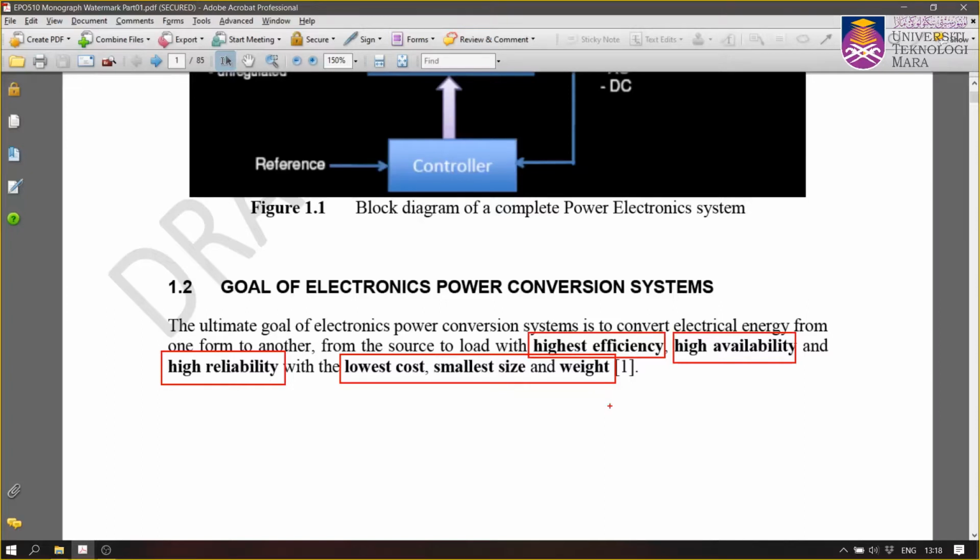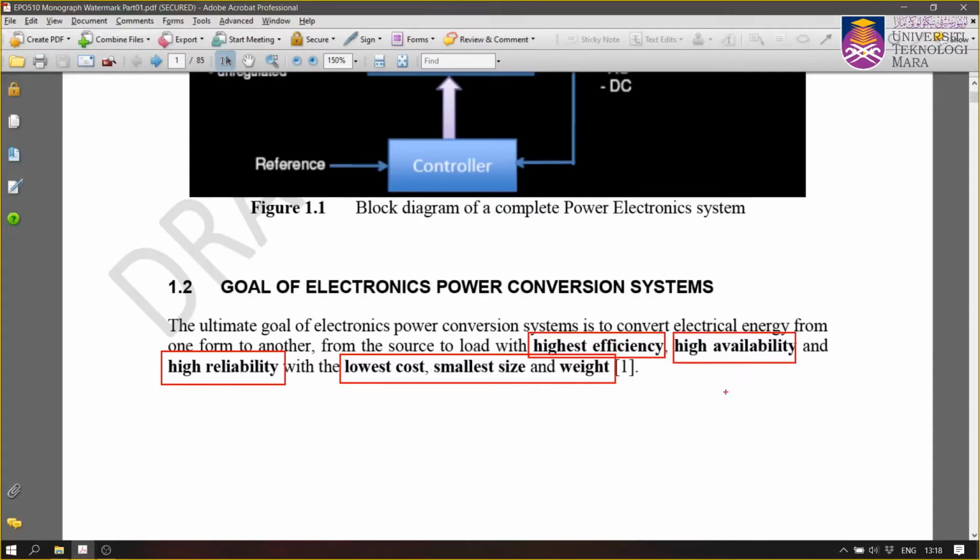applicable or practical if you use a component or circuit that does the conversion but with a low efficiency level, right? And what about the high availability?